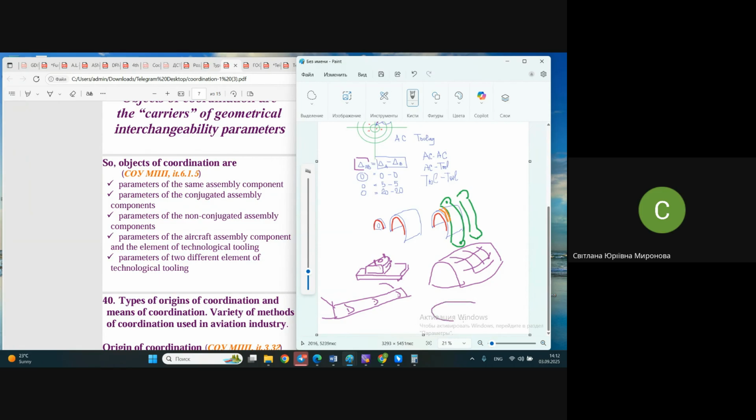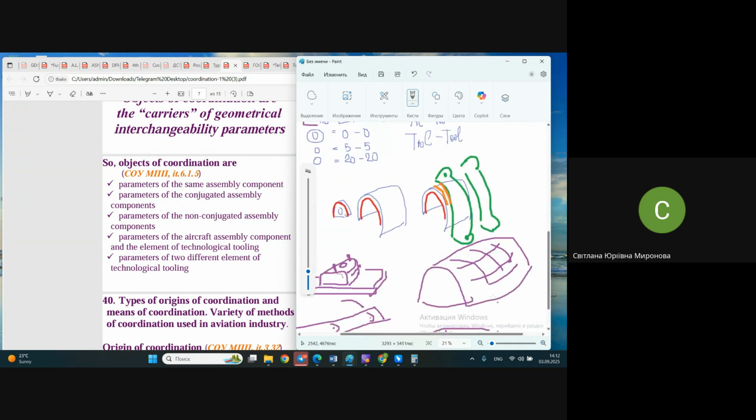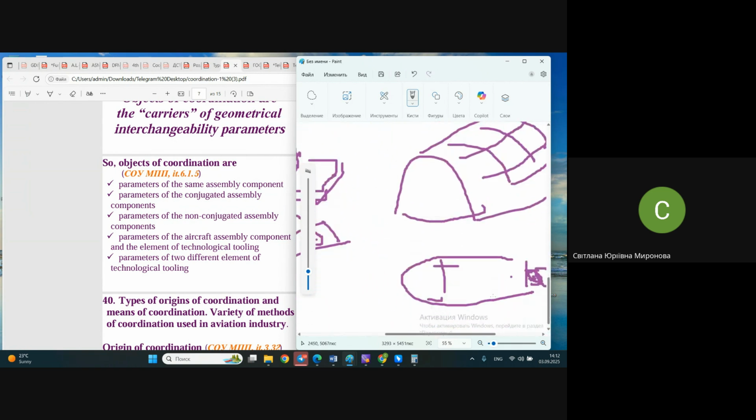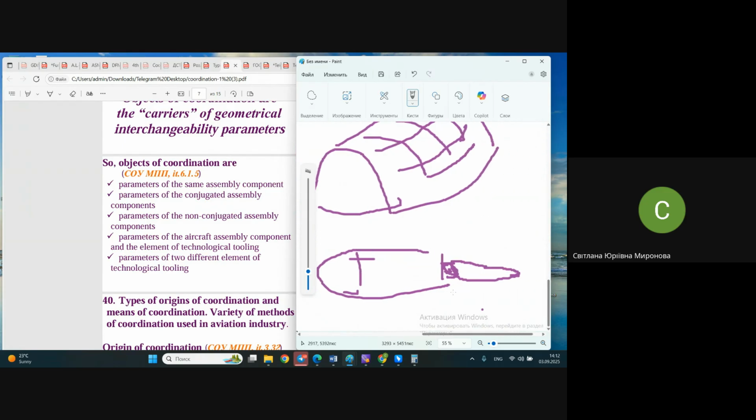We have a wing, and in the rear spar we have brackets, to attach, to hinge there a flap or aileron or whatsoever. And in a flat scheme, it's okay, it's normal. What are the parameters of coordination in this flat scheme? What an ugly scheme. Sorry.